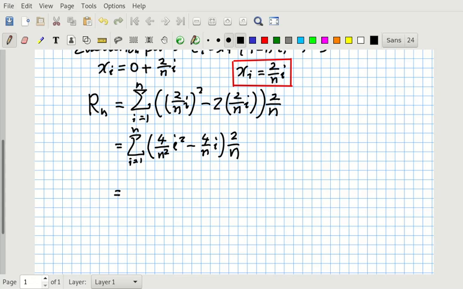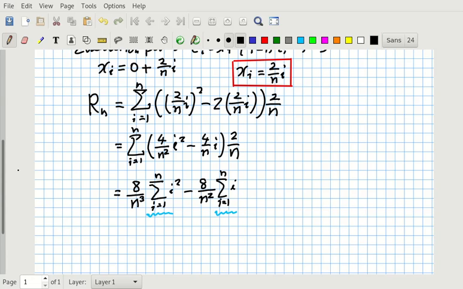We distribute sigma to each term, so 4 times 2 gives 8 over n cubed times the sum of i squared, minus 4 times 2, 8 over n squared, times the sum of i. Okay, so we know the formulas for sigma i squared and sigma i both.